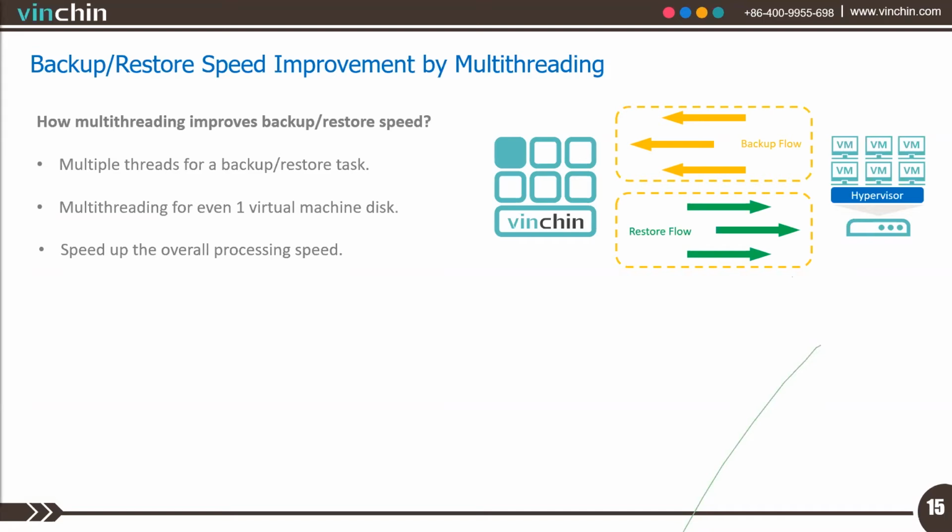Even when processing a single virtual machine disk, multithreading transmission will still be applied. As with the other virtual machine backup products in the market now, only one thread will be used to process one virtual disk at the same time. So Vinchin Backup and Recovery can greatly improve the overall processing speed compared to other products in the market now.